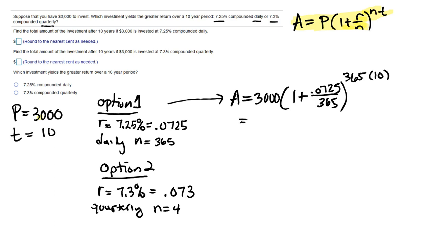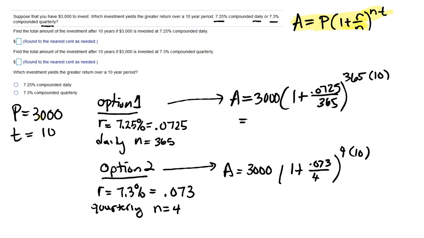We're going to put that in a calculator, and then for option 2, we have 3,000 times 1 plus 0.073 over 4 to the 4 times 10.